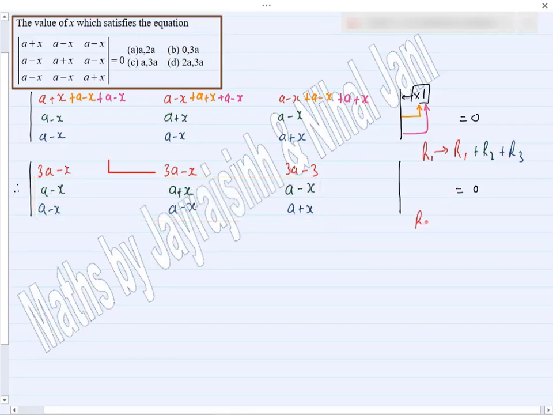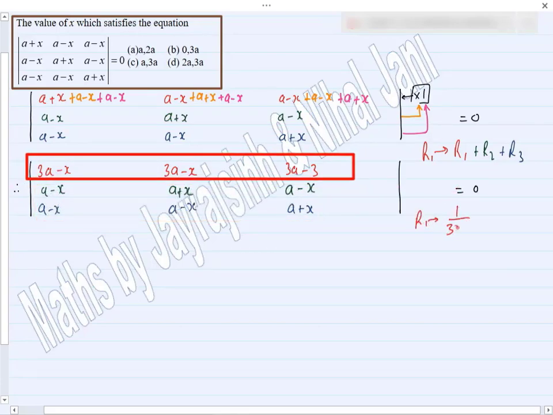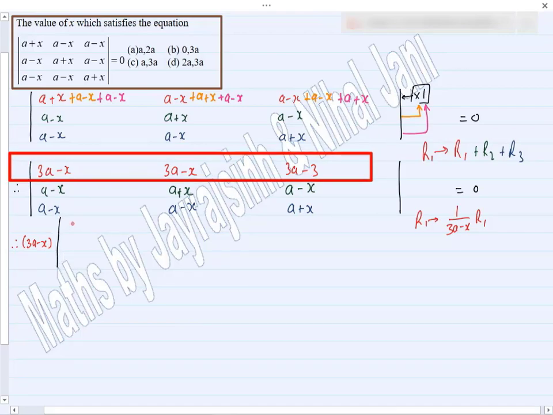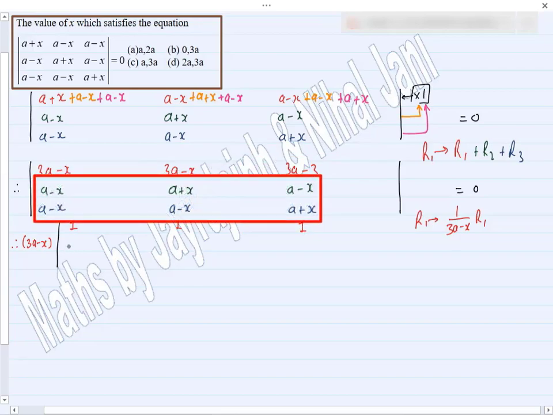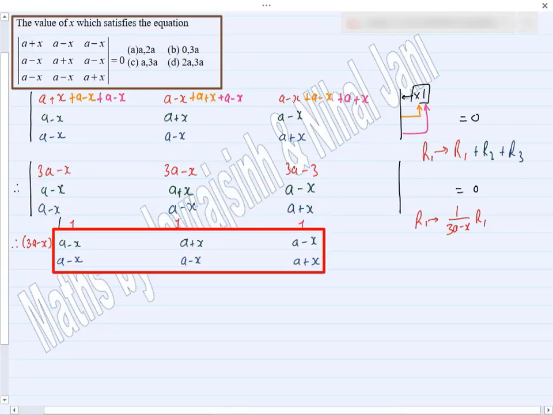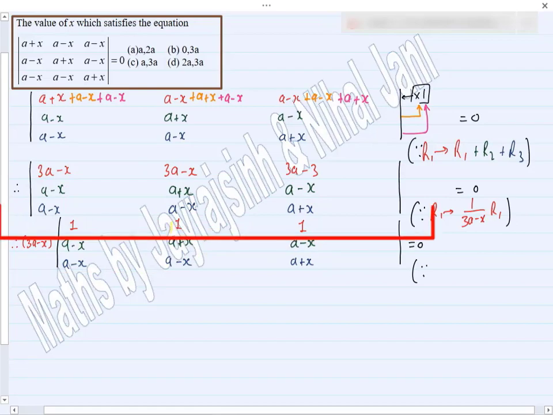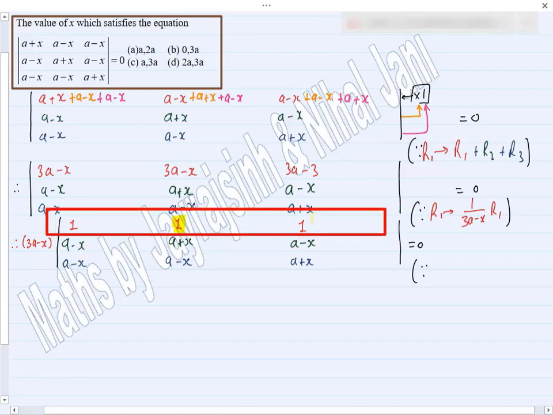Now we can divide the first row by a minus x, so we have to multiply a minus x with the determinant. Your first row will become 1, 1 and 1. The rest of the two rows still remain as they are. In the first row we get 1, which can be easily converted into 0 by taking column operations.